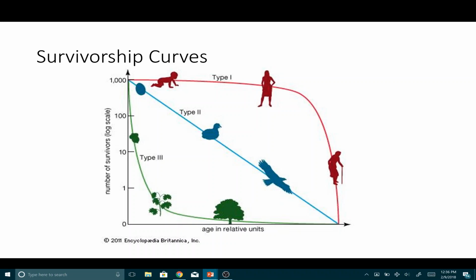You're going to actually go out into a cemetery and do a survivorship curve for humans, which is pretty cool.